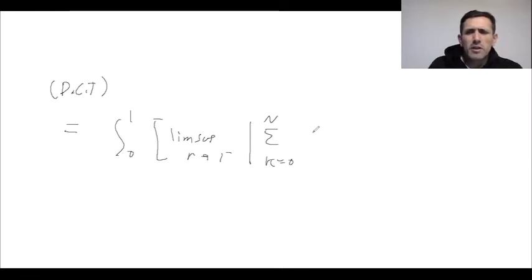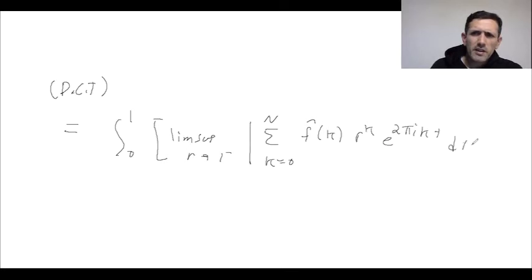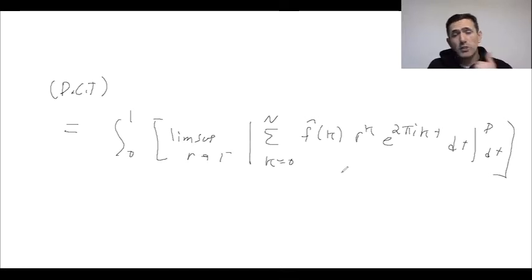This is just a limit of a finite sum of r to the k e to the 2 pi i k t, so this is certainly continuous. There's just no issue whatsoever.